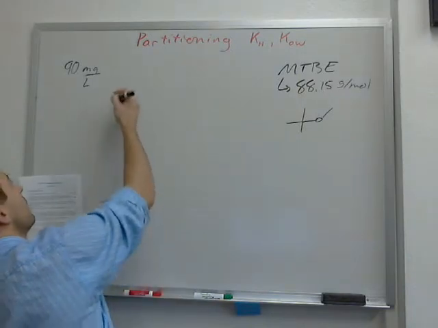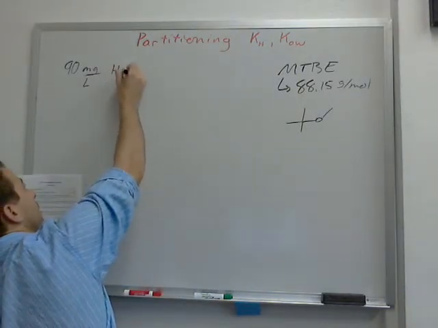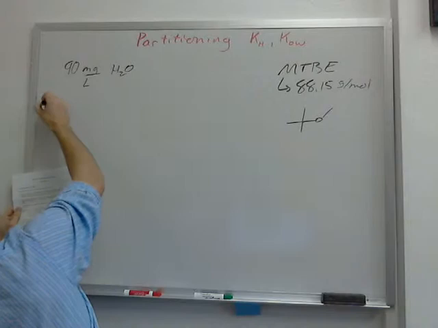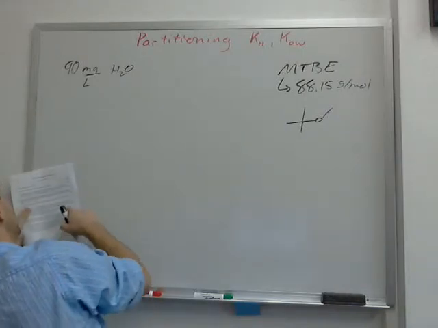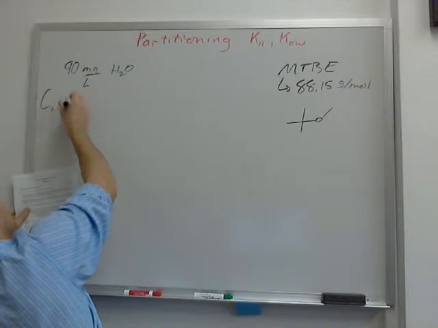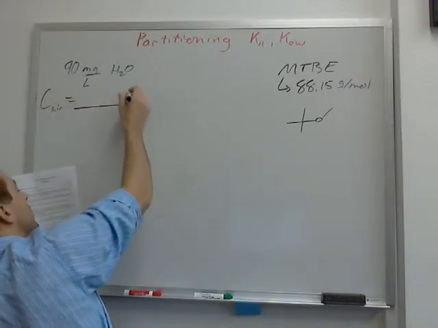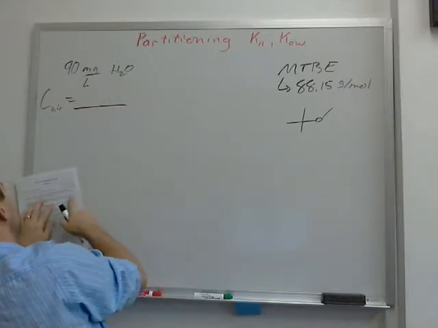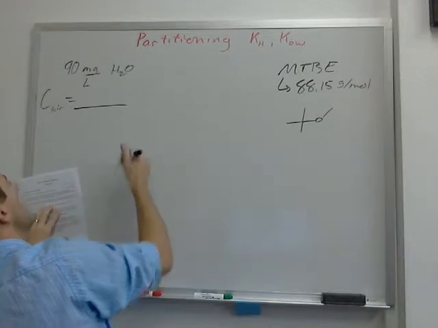So we have 90 milligrams per liter in the water, and we want to know the concentration in the headspace. But I also want you to express the concentration in the headspace in ppm.